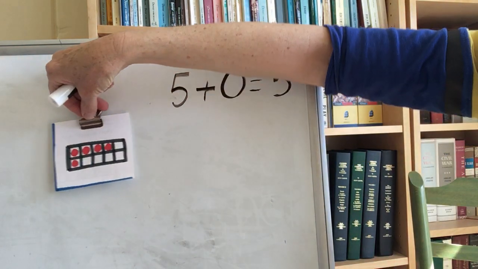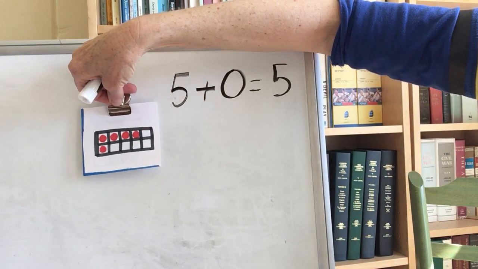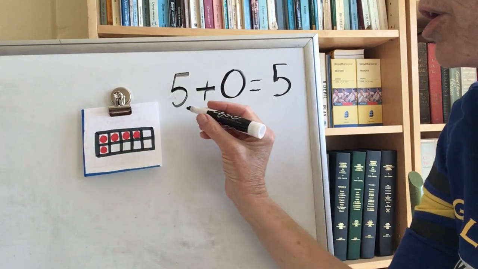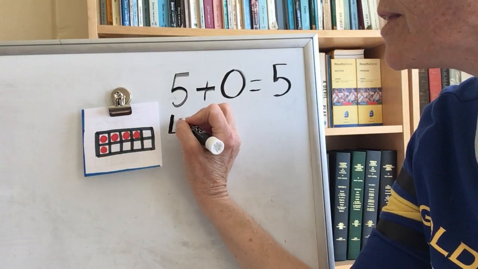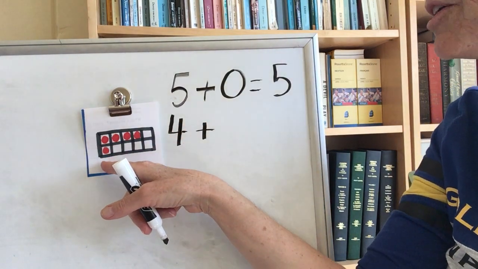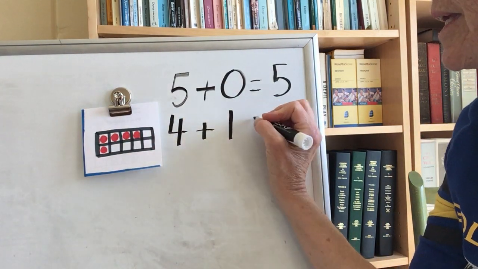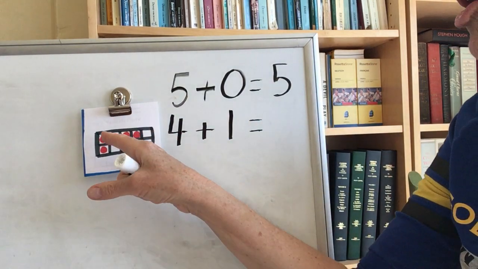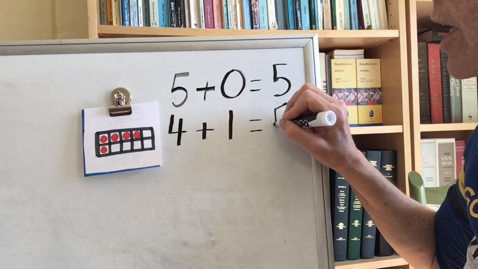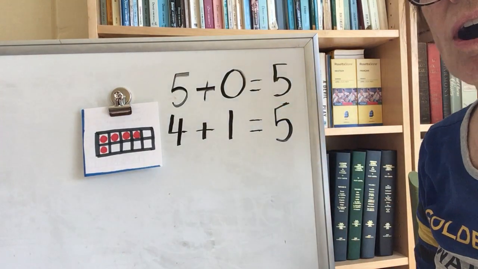I'm going to bring over this 10 frame. On the top we have 1, 2, 3, 4 red dots. Plus, how many red dots down here? 1, equals, how many in all? 1, 2, 3, 4, 5. So 4 plus 1 equals 5 also.